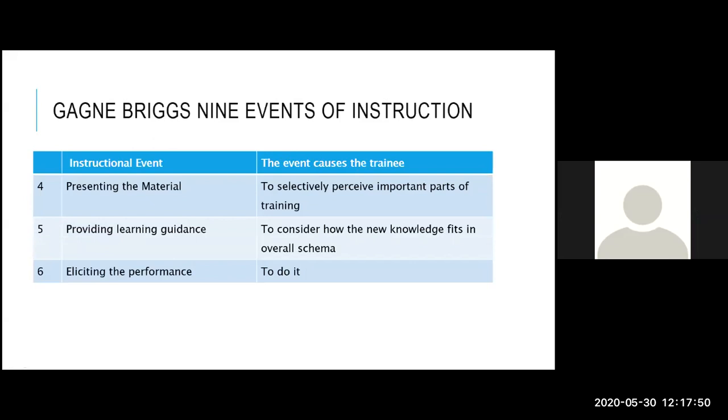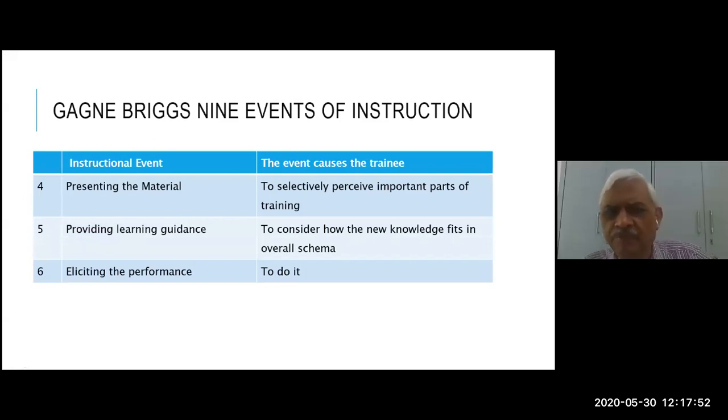The sixth one is about eliciting the performance, which essentially means they have understood the things, they have cognitively absorbed the knowledge and all that. Now the question is, how do you make them use it? So there is some activity which you give them so that they start doing it.